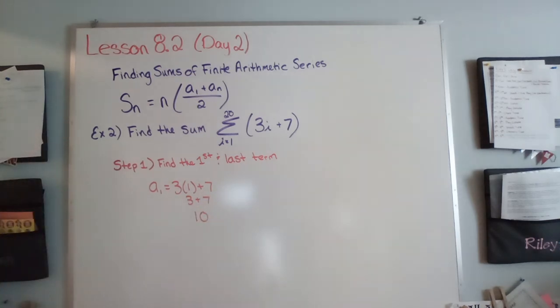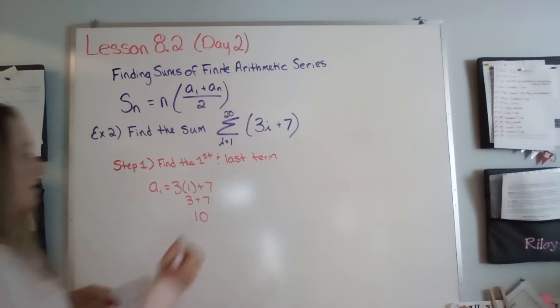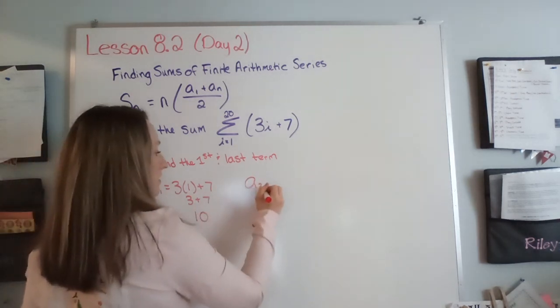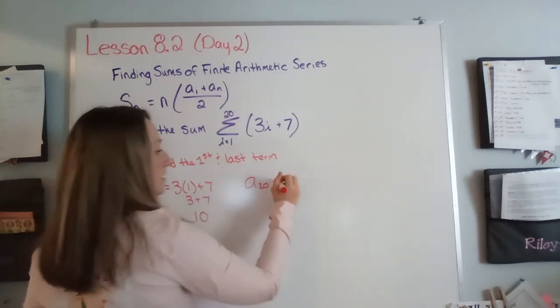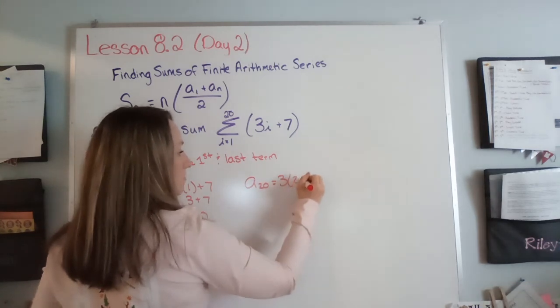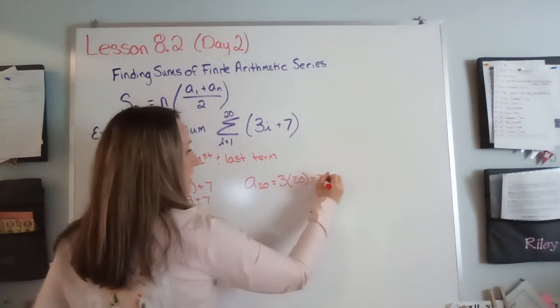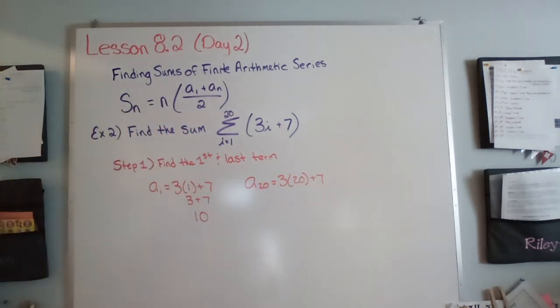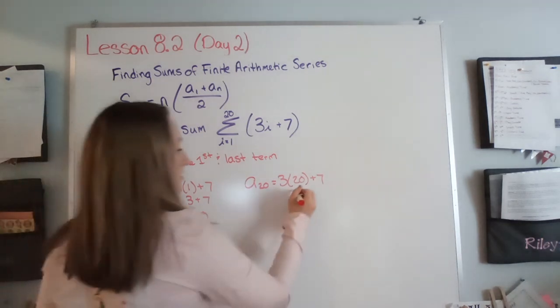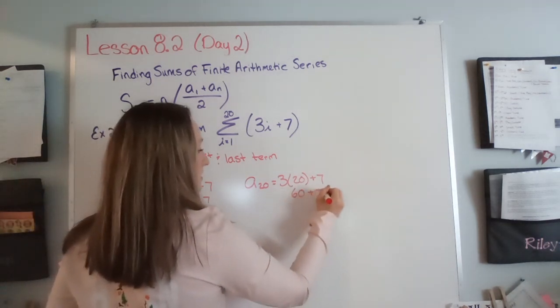And then you're going to find the last, or the 20th. So a sub 20, again using the rule that's given, is 3 times 20 plus 7. So 3 times 20 is 60, plus 7 is 67.